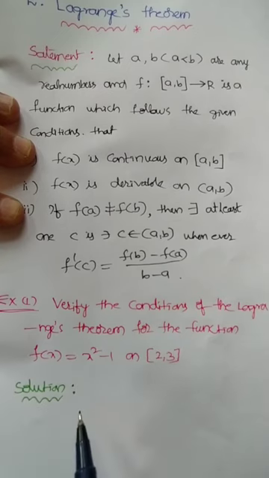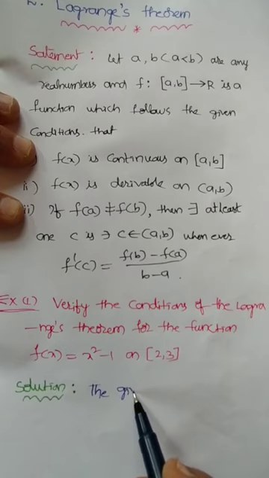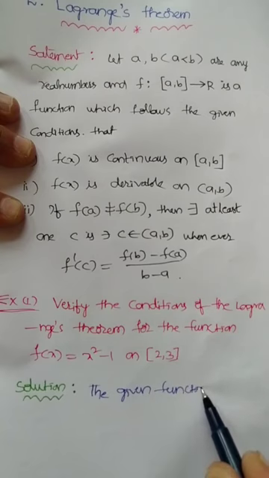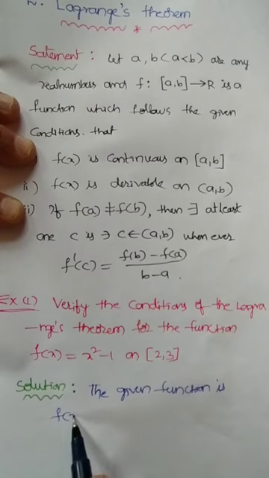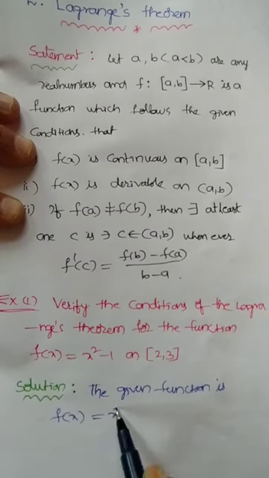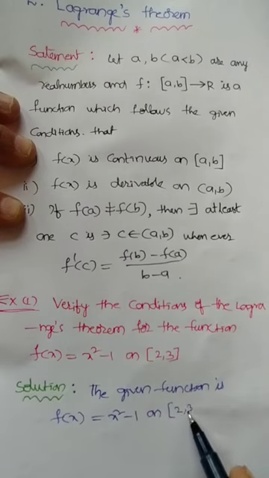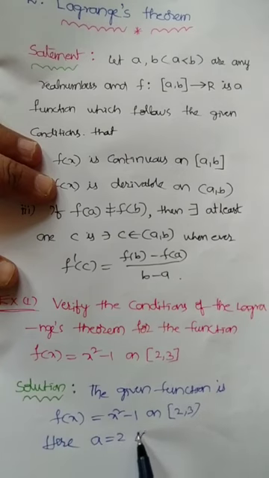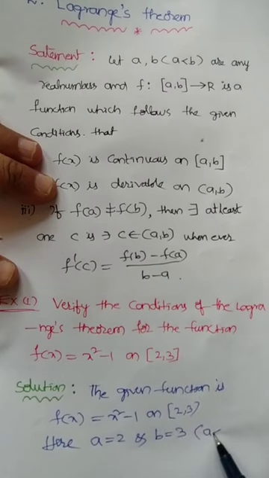In the solution, the given function is f of x is equal to x square minus 1 on the closed interval 2 comma 3. Here a is equal to 2 and b is equal to 3. Here also, a is less than b.